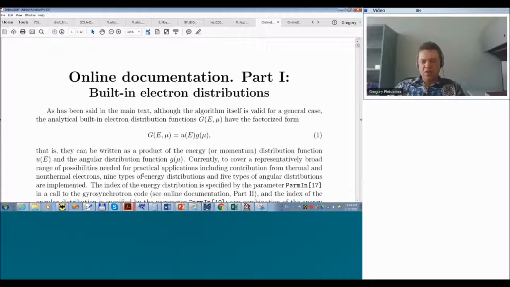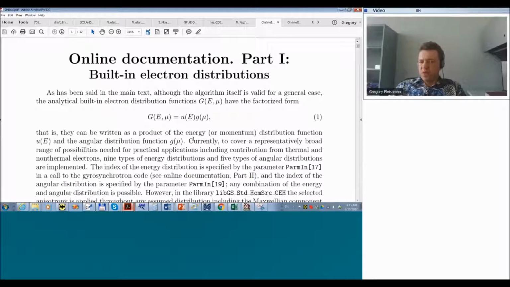So the distribution, again, is non-isotropic in the general case, and if we simplify, we consider that the distribution of electrons as a function of energy and cosine of pitch angle can be presented as a product of two independent functions. One of them is a function of energy, and the other one is just a function of the cosine of pitch angle.